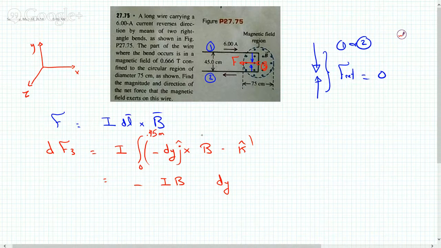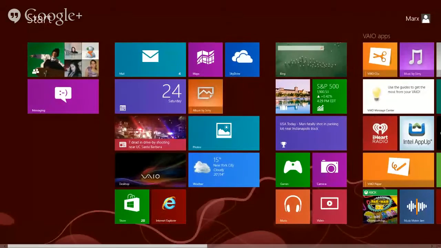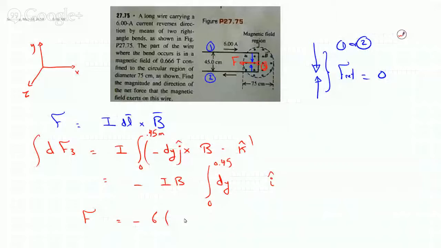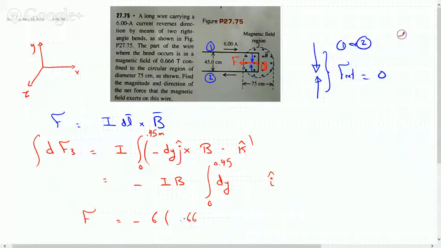And I'm integrating y from 0 to 0.45. So if I integrate this, I would get F equal to minus, the current is 6 and B is 0.666 Teslas.